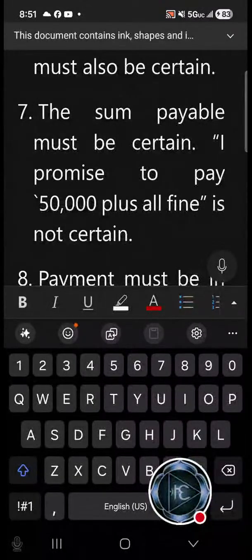"I promise to pay $50,000 plus all fines" is not certain.